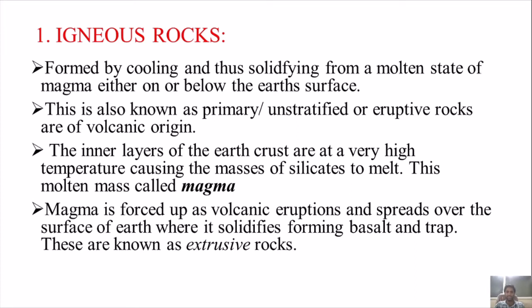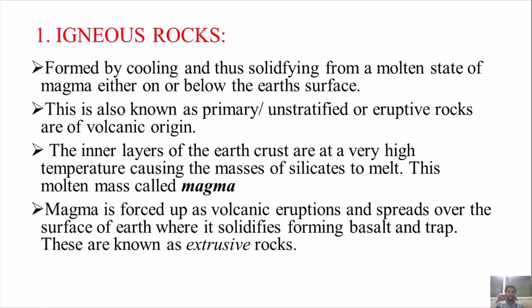That is why it is called a primary rock. You may get a question in exams also: what is a primary rock? Primary rock is nothing but igneous rock, which is formed from the molten material, either on the surface or below the earth surface. That is why it is called igneous rock.